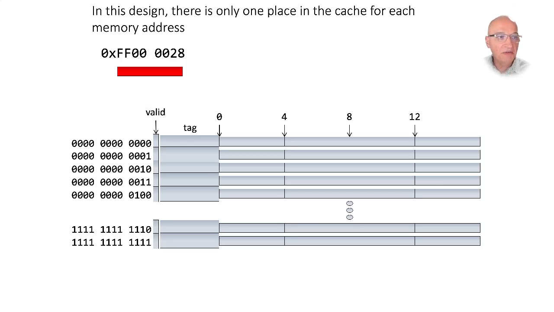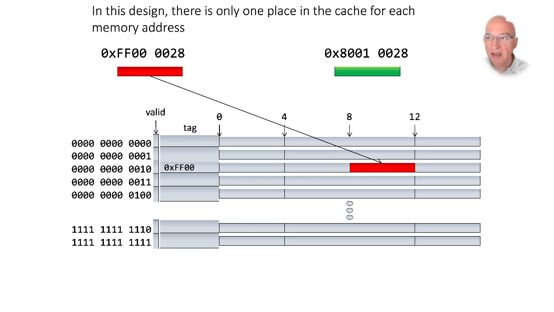because once I am given an address such as 0xFF0028, as I do the decomposition, there is only one place in the cache that word can be, and it is in that position. And if I'm given this address, there is again only one place that it can be, and it will be in that position.